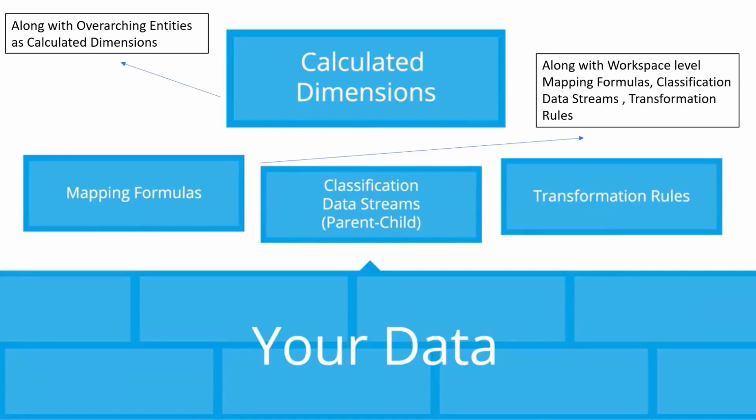So calculated dimensions act as an overarching entity. What is an overarching entity? We will take it up at a point in our session, but overarching entities basically are placeholders that help us map any data that we want to and connect it. What I mean by that is when you have a media buy or placement or campaign impressions, etc. in your data stream.